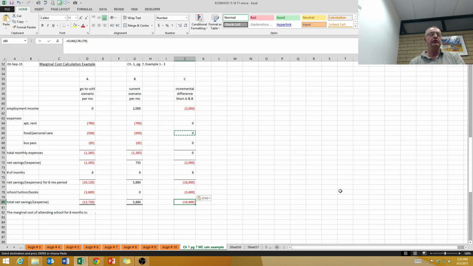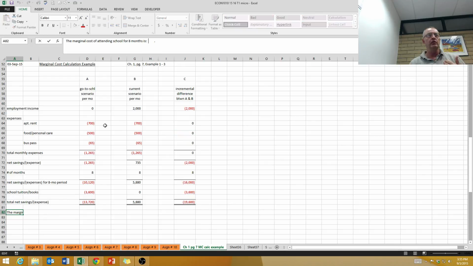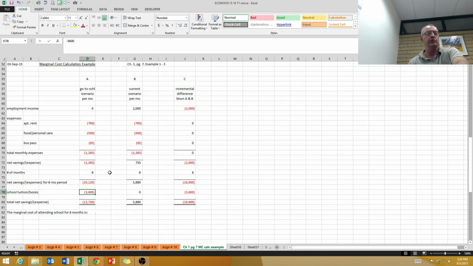The net difference between those two is $19,600. So $19,600, that is her incremental cost of going to school: extra school expenses plus her lost employment revenue.